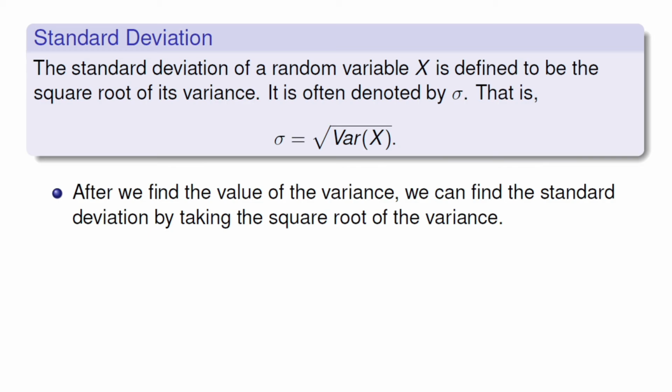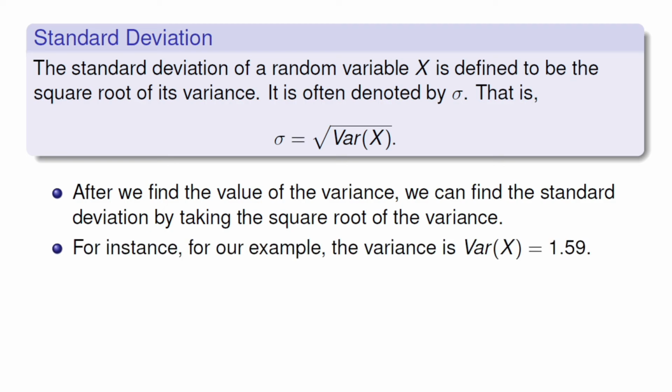So we have this equation, sigma equals square root of the variance. It's pretty easy to find the standard deviation. After we find the value of the variance, we can find the standard deviation by taking the square root of the variance. That's just very simple, okay?